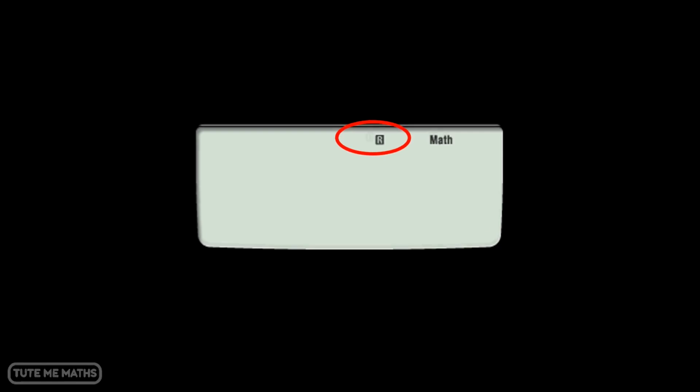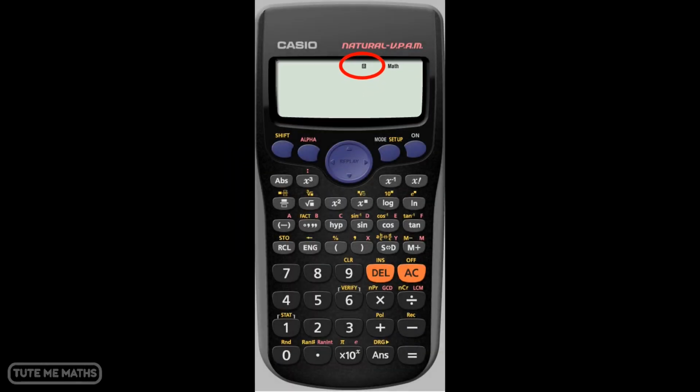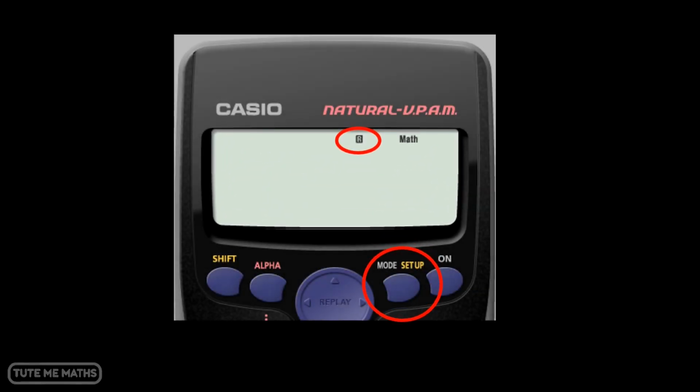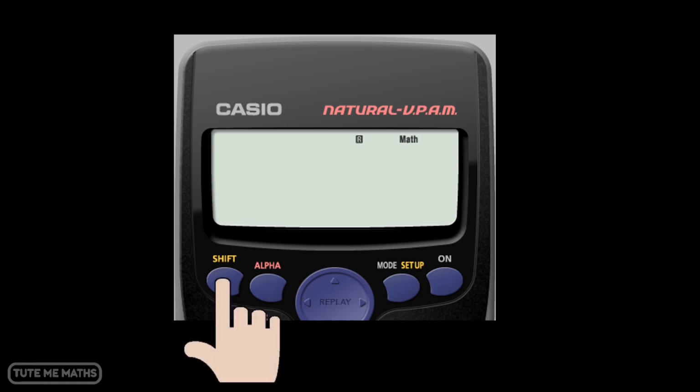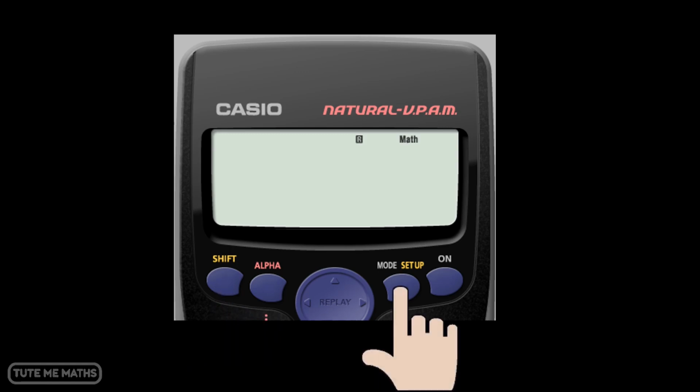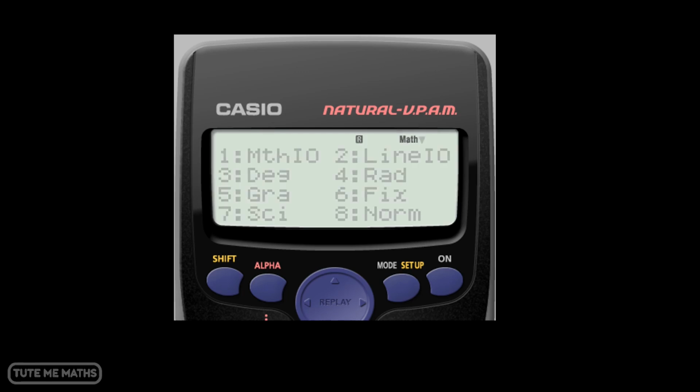I will demonstrate on this Casio calculator, but again, you might need to refer to your instruction manual. The mode button here has setup written in bright yellow, which matches the color of the shift key. Any key functions written in this yellow require you to tap the shift key first and then the required key. Pressing shift, then setup, we see this screen.